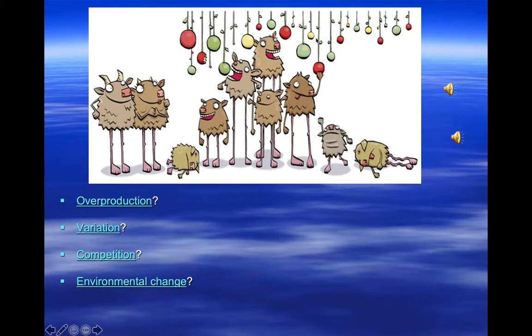Environmental change. Perhaps this fruit was more available and they were all able to survive, but now that the food is much higher, maybe only the larger trees are around in this environment. You'll see that only the larger organisms here are able to get food. So anyone that doesn't have that tall trait, you'll see them die out.